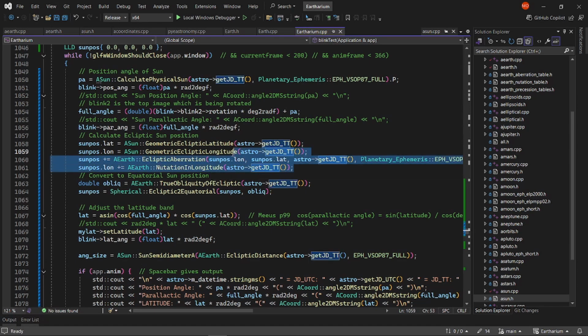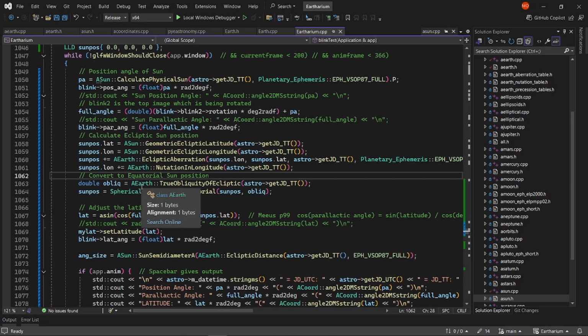So here we basically have the coordinates of the sun in ecliptic coordinates. Ecliptic coordinates are referenced to the orbital plane of the Earth, but we want to have them in equatorial coordinates, which is referenced to the equator of the Earth, or if you will, to the axis of the Earth, which is tilted by around 23 degrees from the ecliptic.